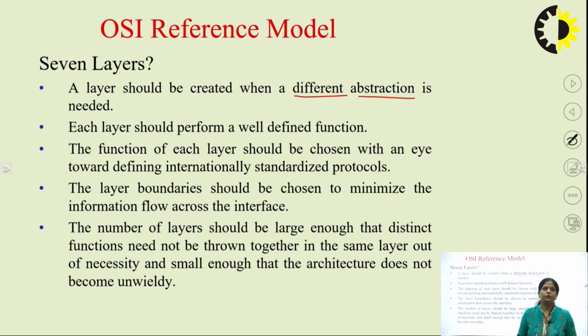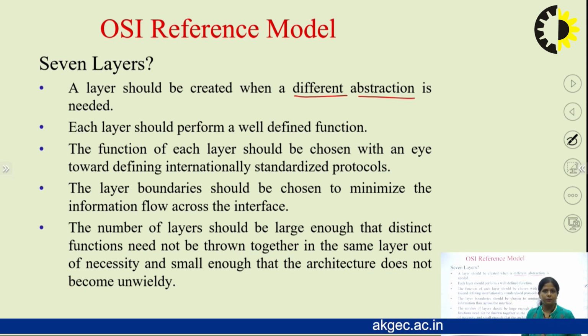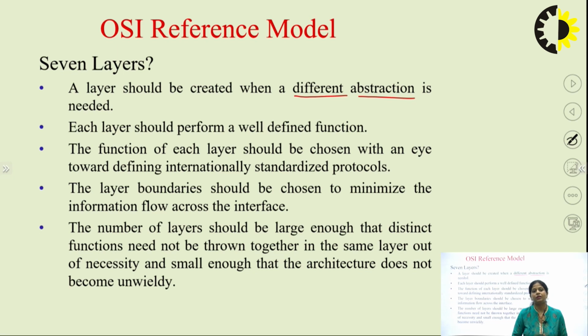Each layer should perform a well-defined function, right? Like we have seen that 7 layers are there. Each and every layer has a specific task, a specific function to be performed. The function of each layer should be chosen with an eye towards defining internationally standardized protocols.